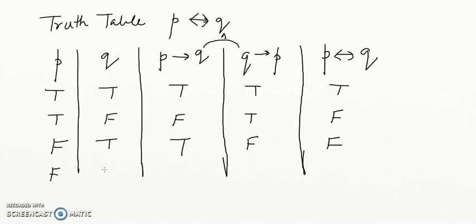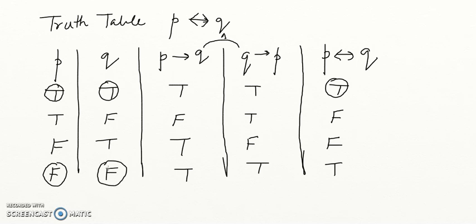And if P is false and Q is also false, then if P then Q is going to be true, if Q then P is again going to be true, and we know true and true conjunction is also true. So the only times when your if and only if P then Q is true is when both the statements are true, or if both of them are false.